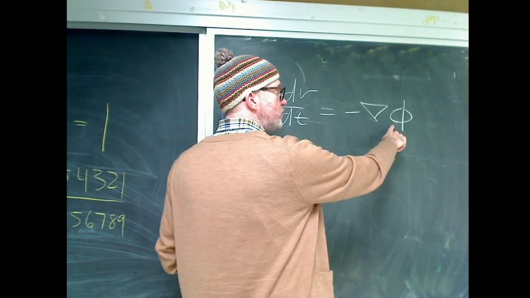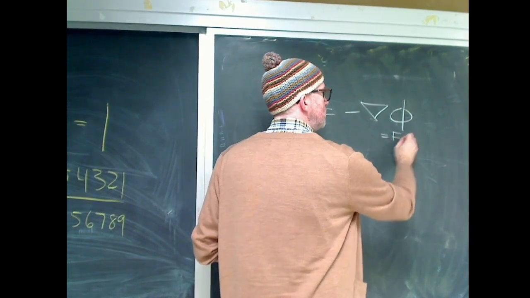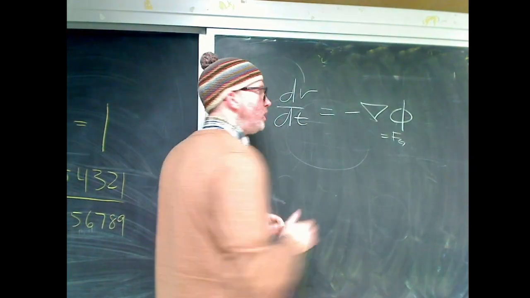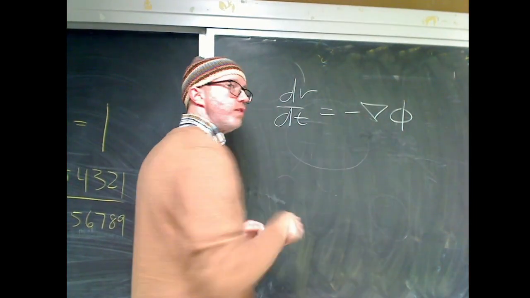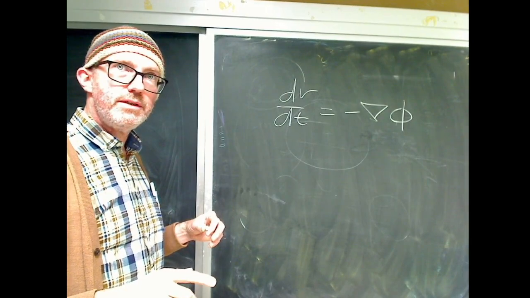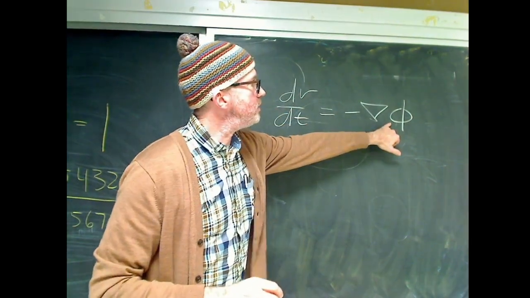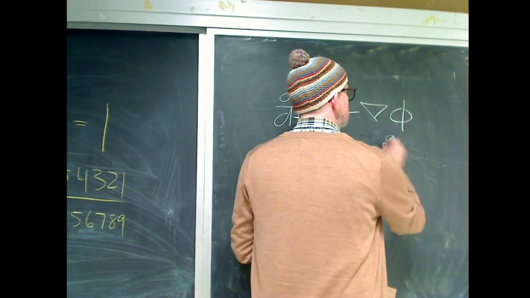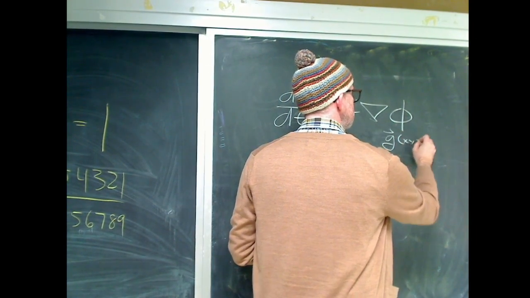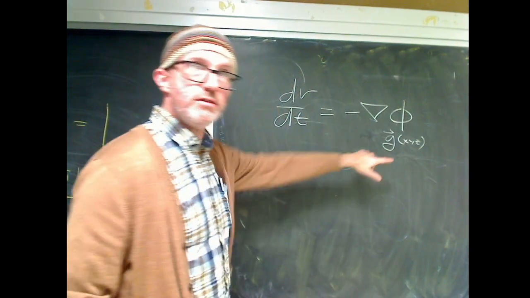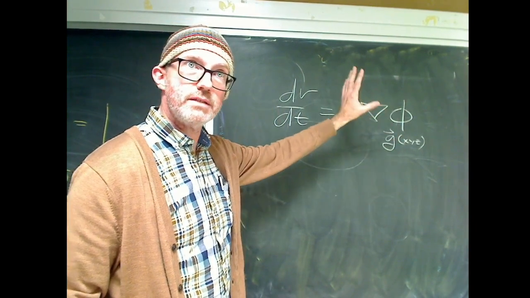This is the force from gravity, but calling it the gradient of the potential is way easier to deal with. So my velocity is dictated by my potential. We call this little g. I'll make that guy a function of position too, because this g isn't constant. This changes.